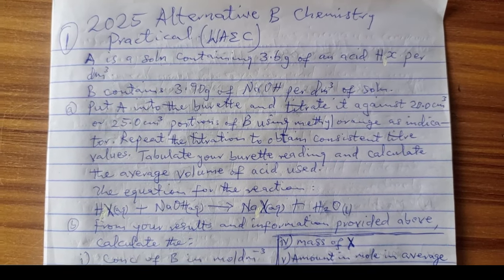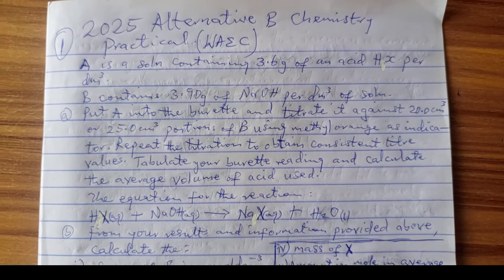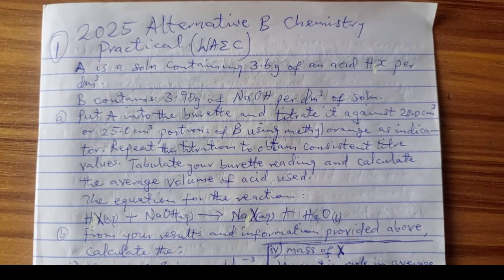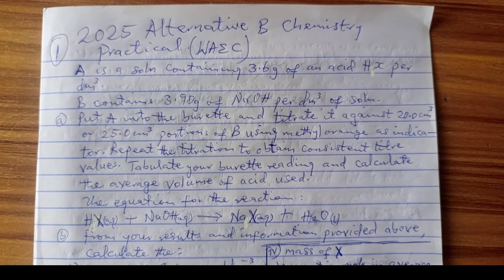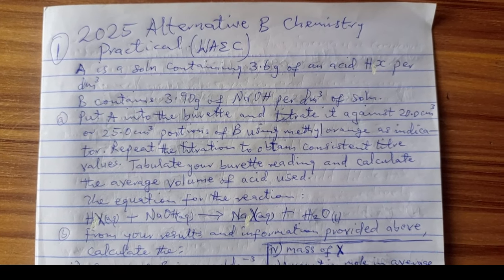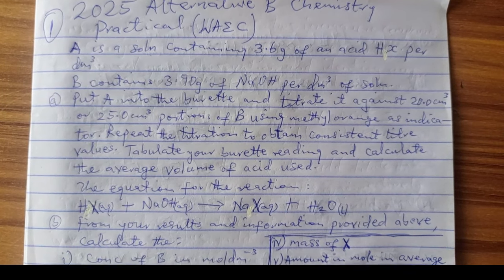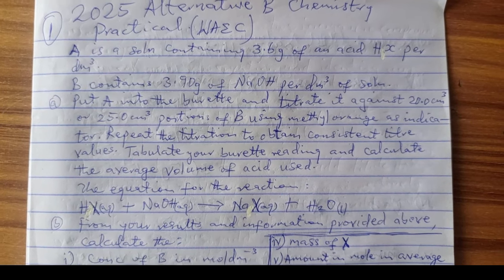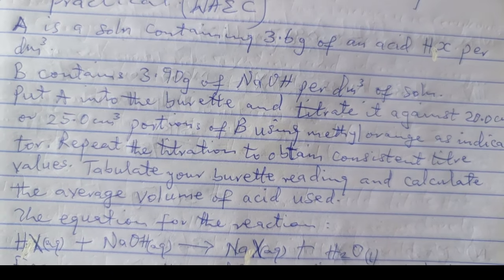A is a solution containing 3.6 gram of an acid HX per dm cube. B contains 3.90 gram of NaOH per dm cube of solution.